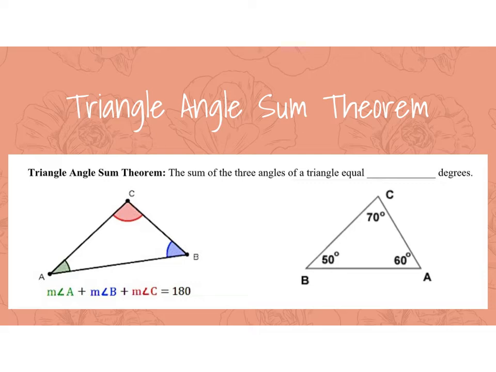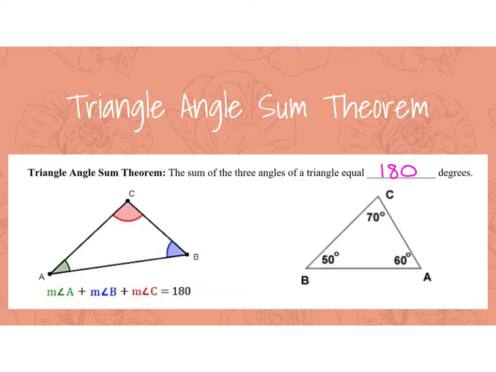The triangle angle sum theorem states that the sum of the three angles of a triangle equal 180 degrees. In our triangle on the left, we see angle A, angle B, and angle C all add together to equal 180.